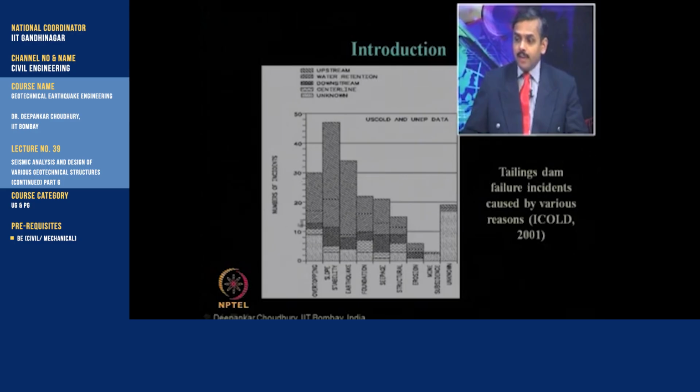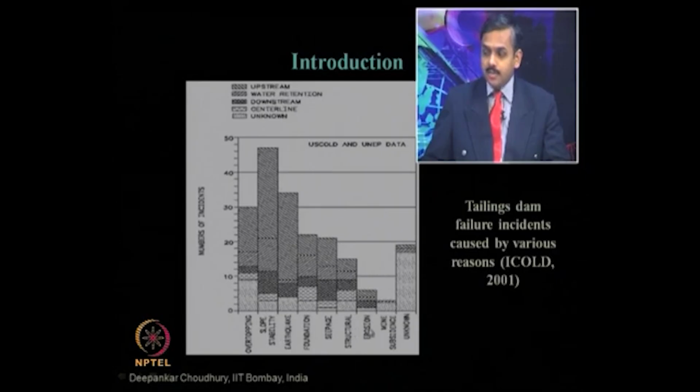You can see the number of incidents and the different reasons for which it is failing, like overtopping is one reason for dam failure, slope stability is another reason, many a time the slope is not a stable one, earthquake is another reason, foundation problem is another one, seepage problem is another one, structural failure of the dam, then erosion, then mine subsidence, and there will always be some unknown reasons as well.